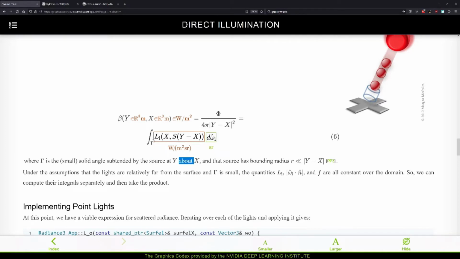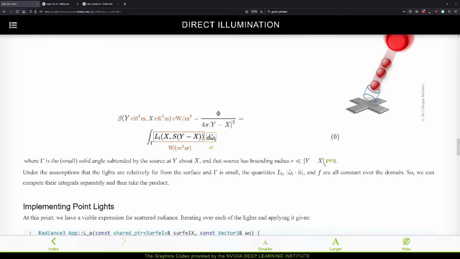Is this describing the tiny solid angle around the sphere at point y into the point x, and the small area we're considering? The source has bounding radius R, much less than y.